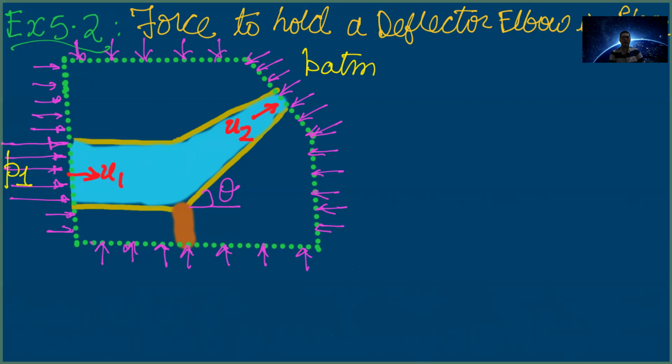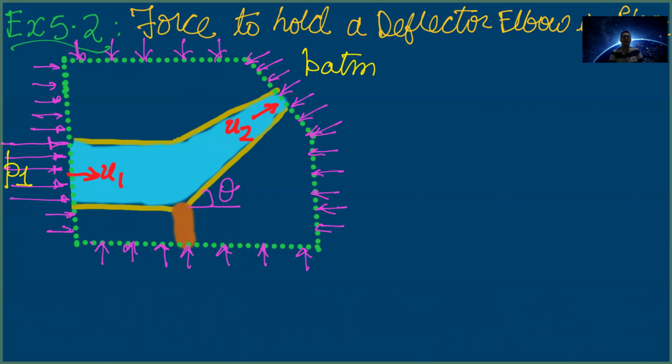So here the pressure is more, whereas whenever the water comes out, it comes out at atmospheric pressure. So at the outlet you always have atmospheric pressure, and all the other surfaces of the control volume are subjected to atmospheric pressure, and at the inlet you have a larger pressure.